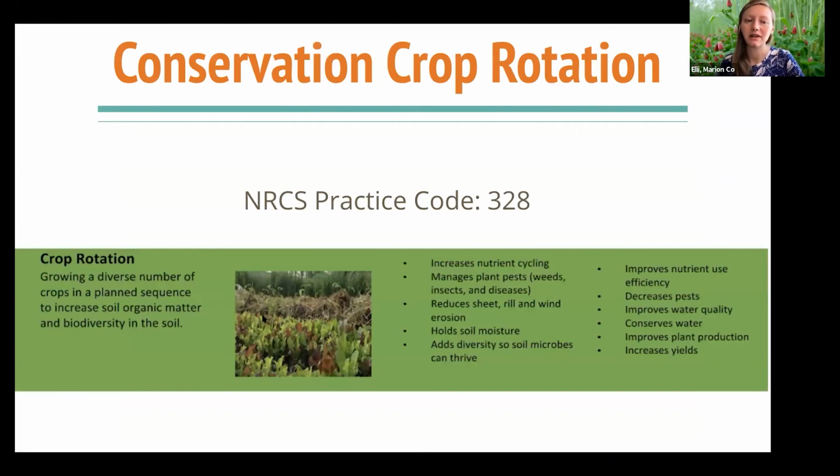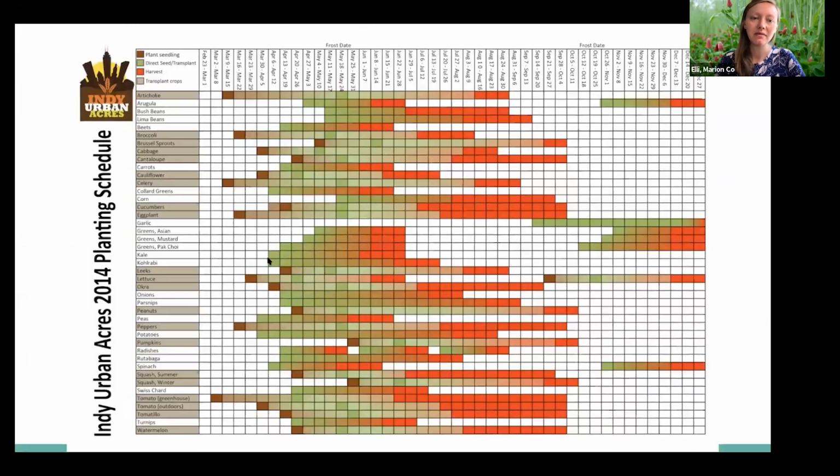On conservation crop rotation, I won't spend too much time on crop rotation here, but you're probably familiar if you work with diverse vegetables that you could be planting 30 to 40 different crops. And this is an example of one grower's schedule of starting seedlings, then planting those seedlings out or transplanting into the farm, and what the harvest schedule looks like.